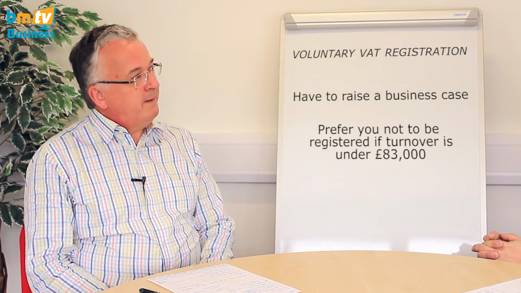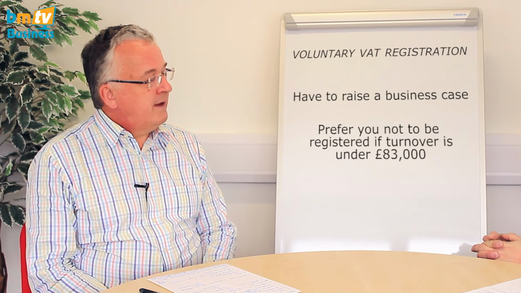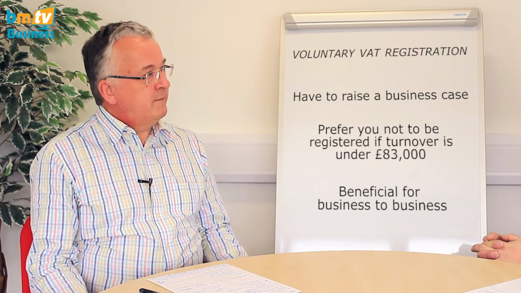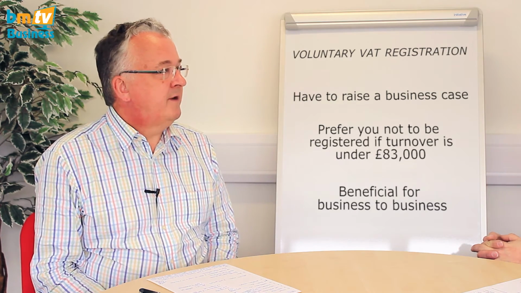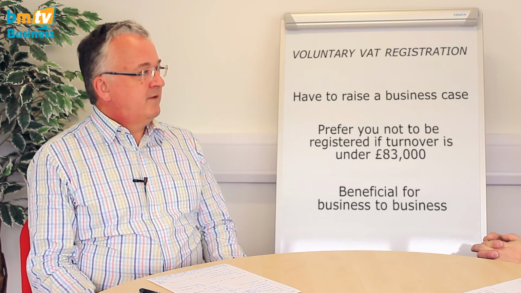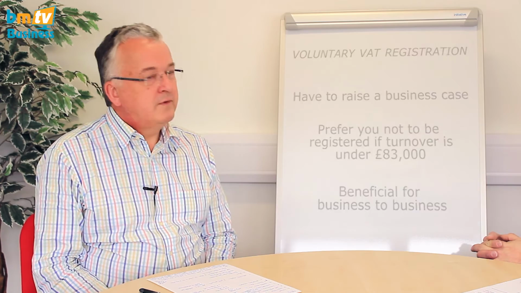They only want people who are genuinely trading above £83,000 to be registered. I didn't know that. Yeah, and for businesses who are selling mainly business to business, it can be beneficial to be registered early. Businesses dealing with the public will tend to put off that registration as long as possible, because you can keep more of your money that way.